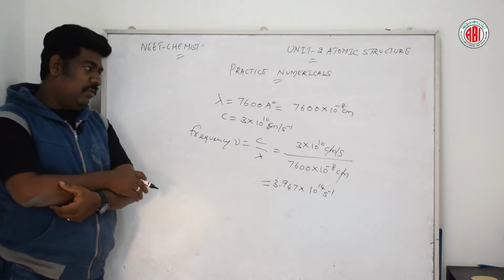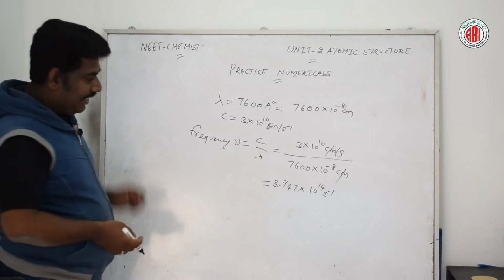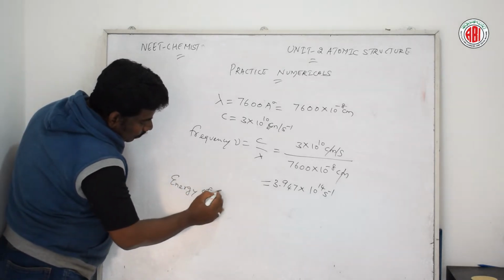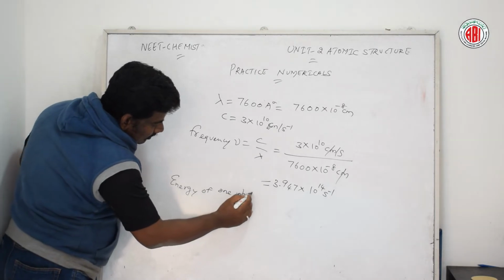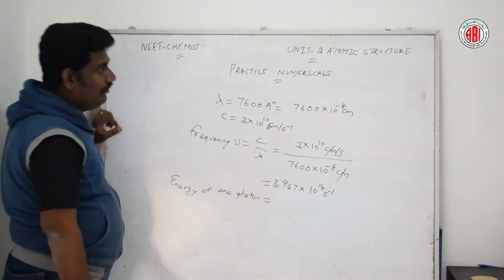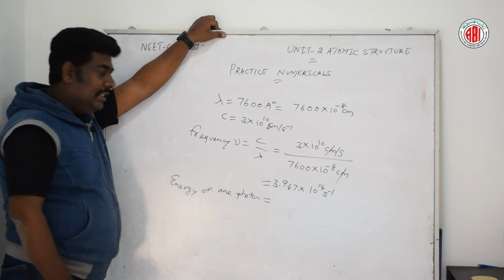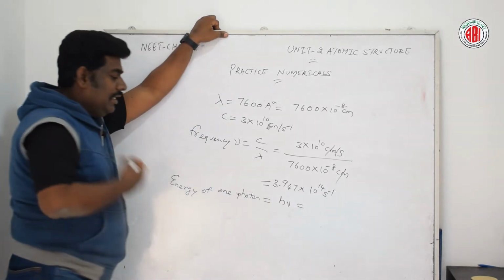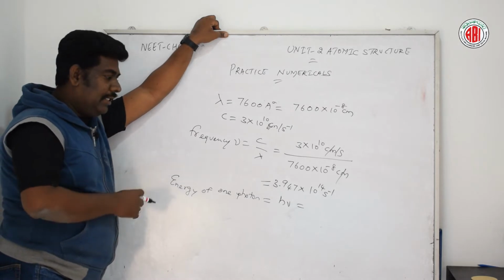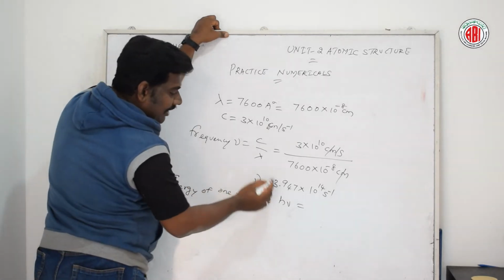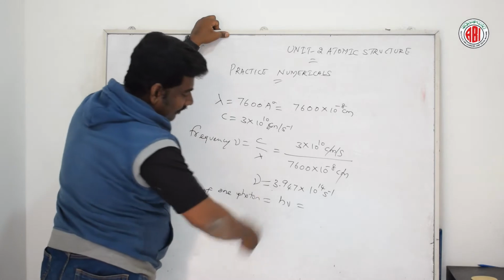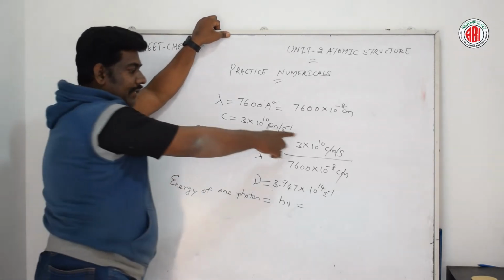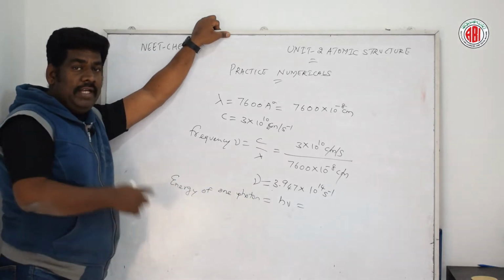Okay. Now let us find the energy of one photon. The energy of one photon is nothing but h nu, where h stands for Planck's constant multiplied with nu, the frequency. Here we are going to consider Planck's constant in erg second, because we have used the lower level values.